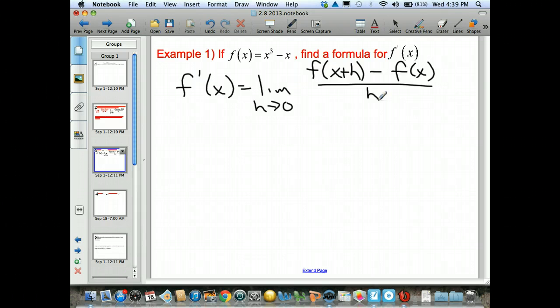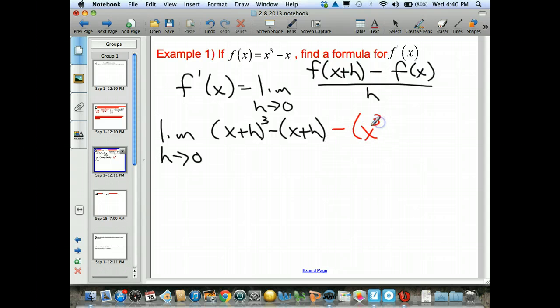So this is the limit as h goes to 0 of x plus h cubed minus x plus h, and then we subtract off f of x, so we subtract x cubed minus x, and we put all of that over h.